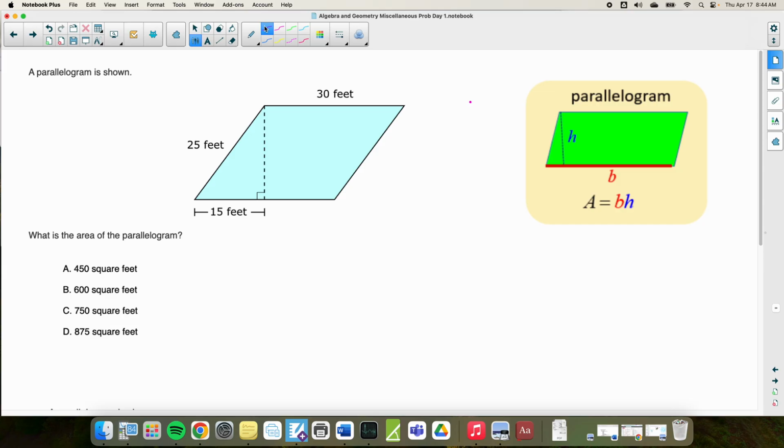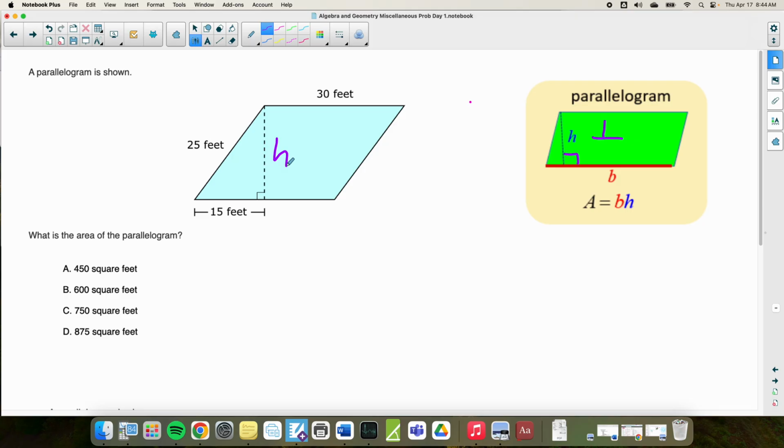And the thing about a parallelogram is your height has to be perpendicular. So what that means is your height has to come down to the base and be perpendicular, okay? So if I look over here, what I want for my height is right there, and sometimes they're not going to give you that, okay?